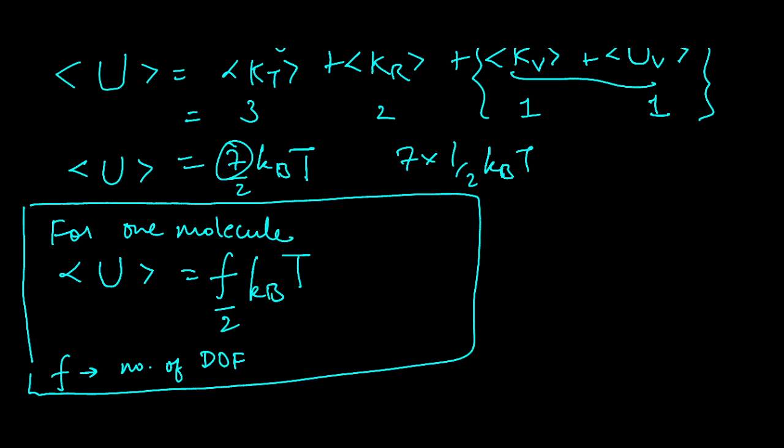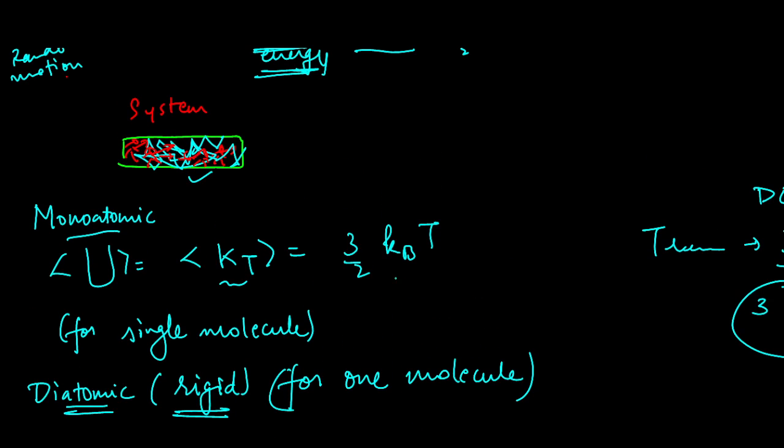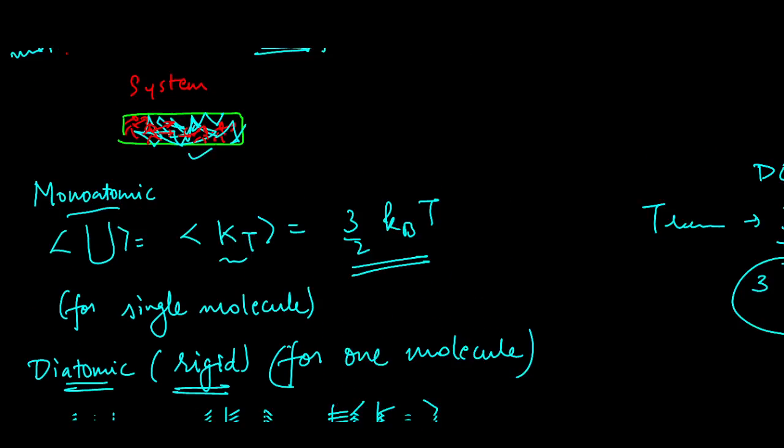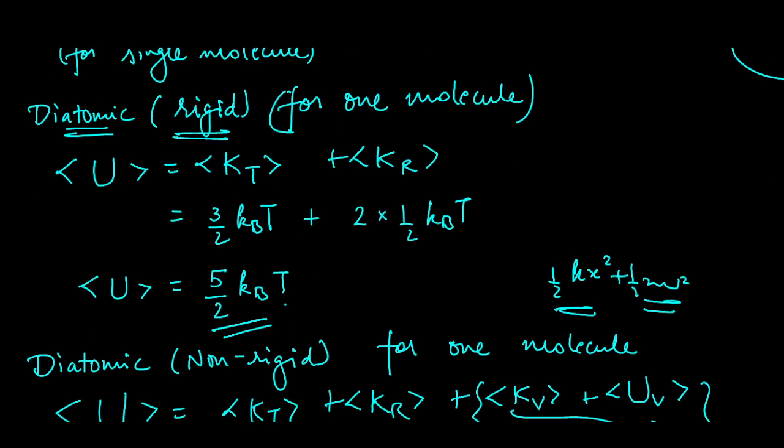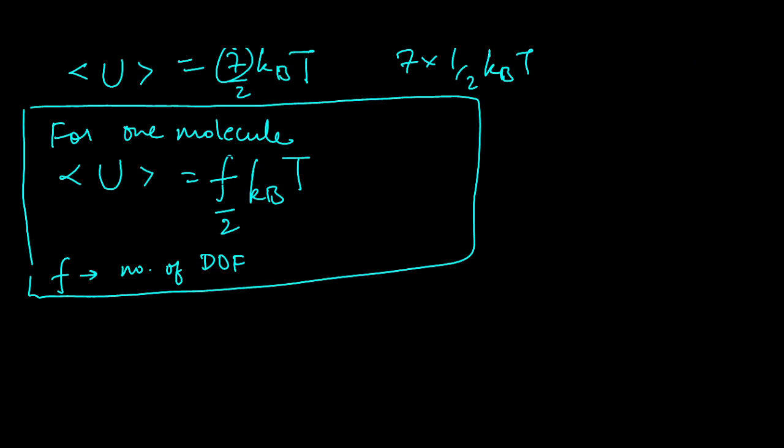If it is 3, then it is 3/2. If in monoatomic it was 3, then for diatomic rigid it is 5, so 5/2 kBT. Similarly here 7/2 kBT. In short, f/2 kBT always, for one molecule. What is internal energy? It is f/2 kBT. This is its formula.